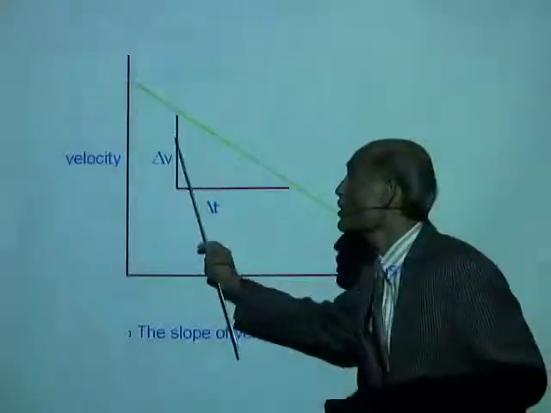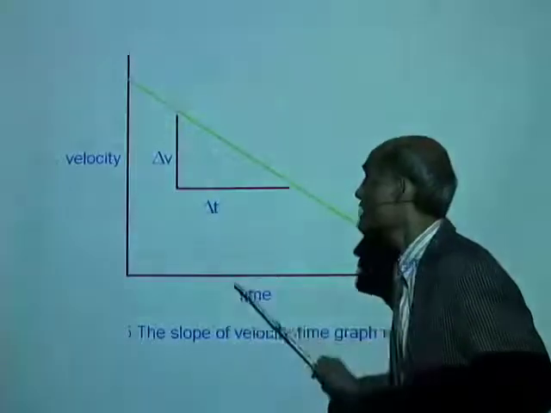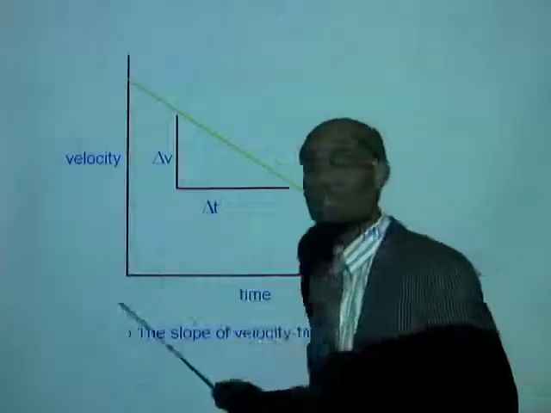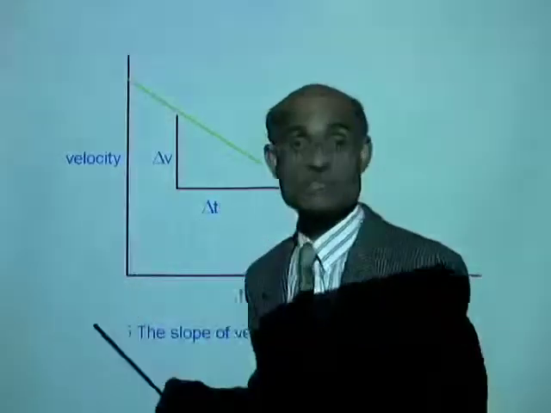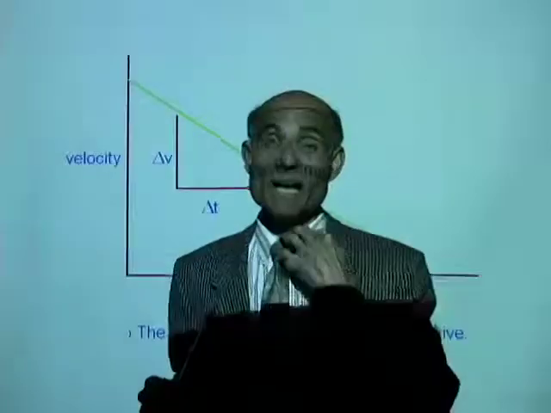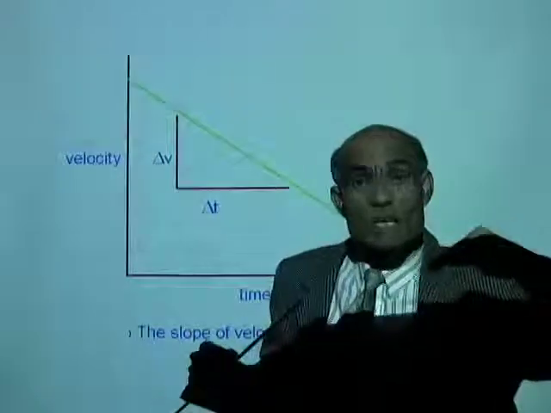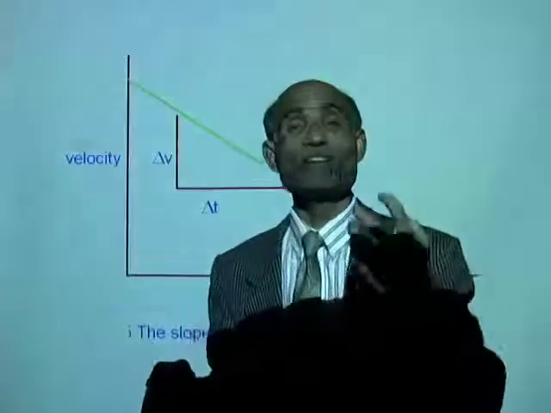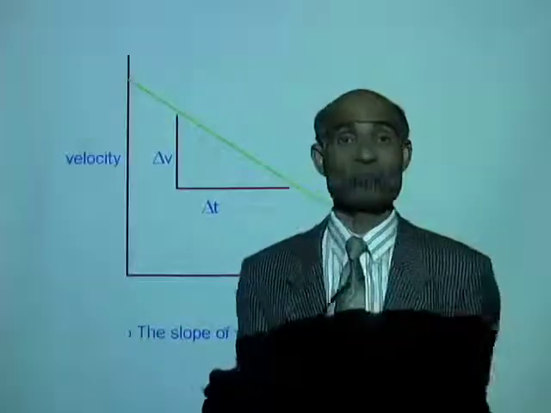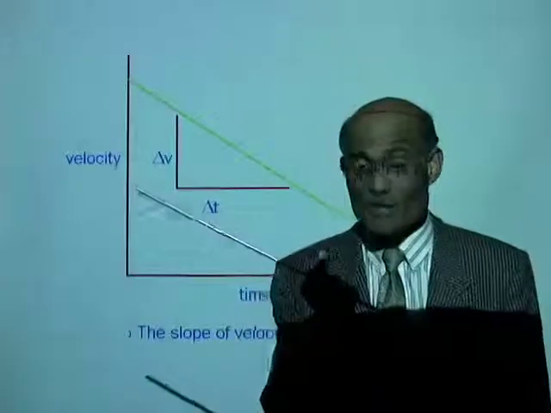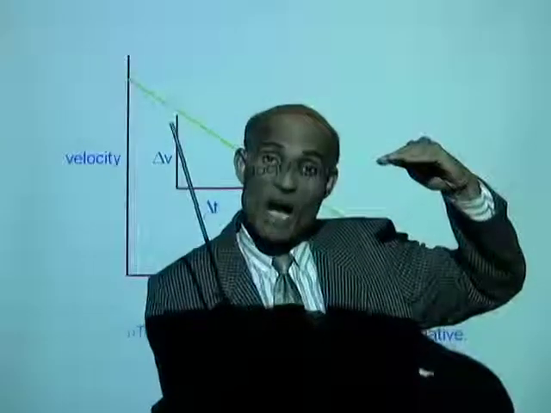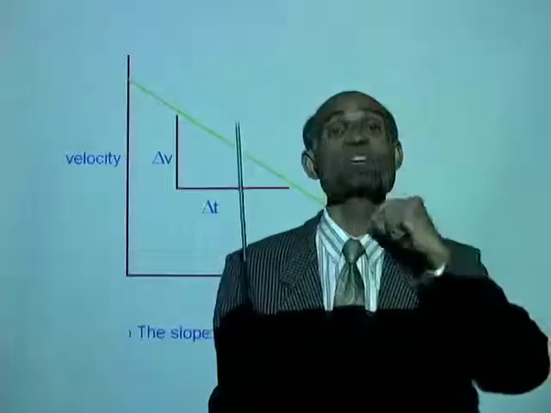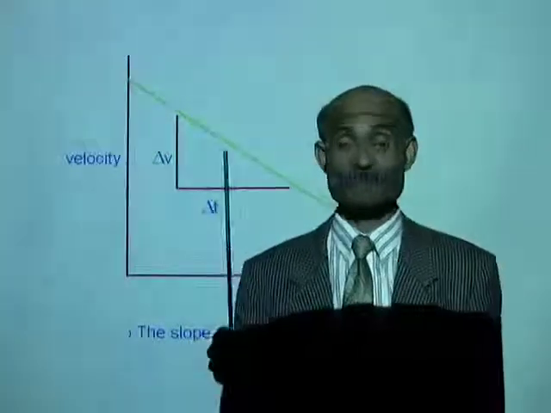This time, the slope of the velocity against time graph is negative. It indicates that the velocity is decreasing. So, when an object picks up speed and keeps on increasing the velocity, the acceleration is positive. Whereas, if an object from a higher speed reduces its speed, the acceleration is negative.